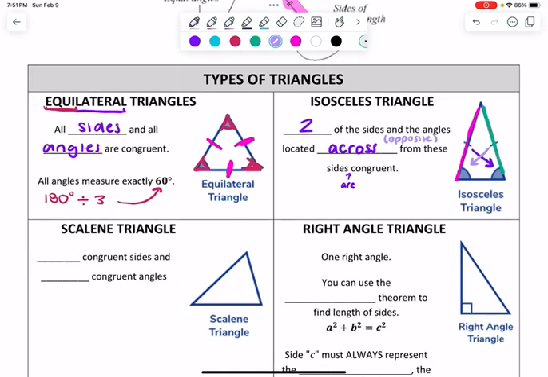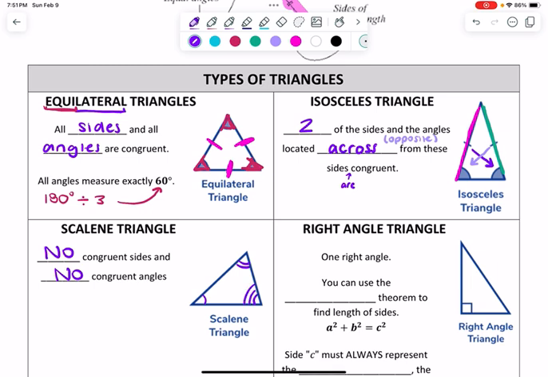Okay, so we've got equilateral, all three sides congruent. Isosceles, we've got two congruent. Scalene is the next one, and this means that we have no congruent sides and no congruent angles. So all of these angles will be a different measure.